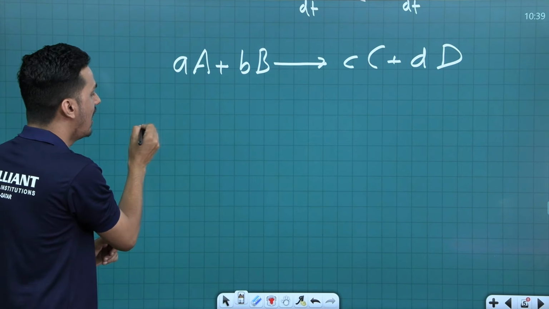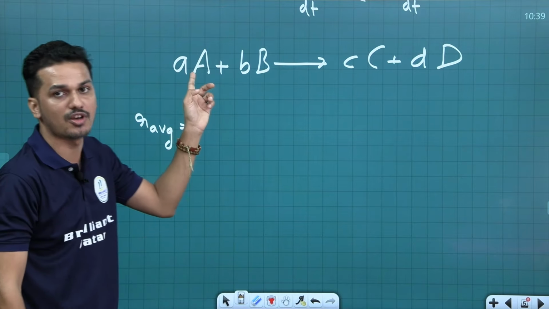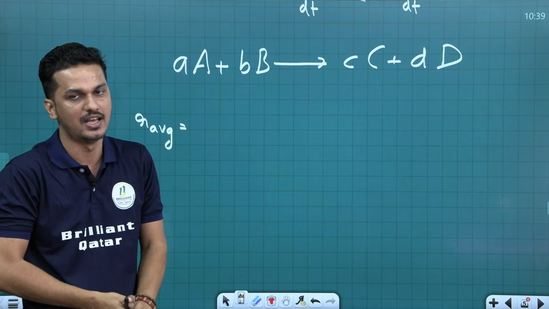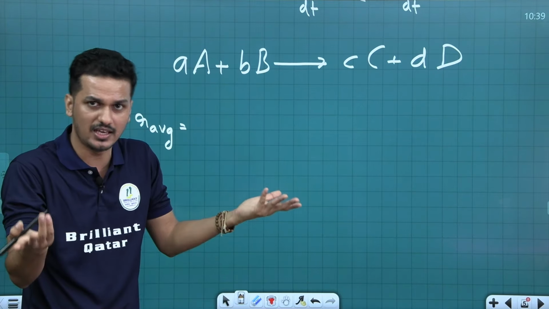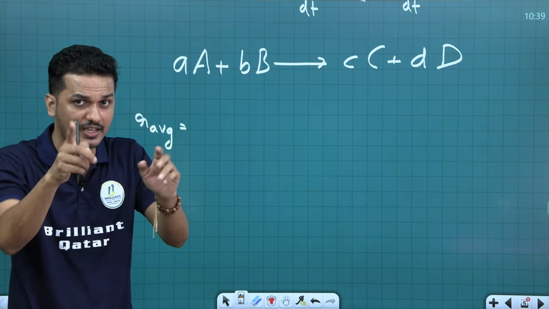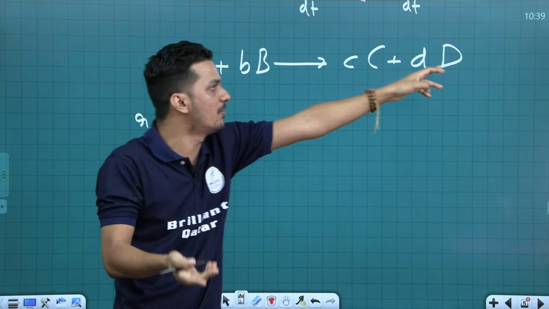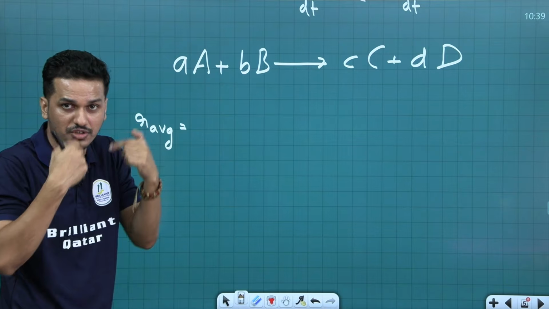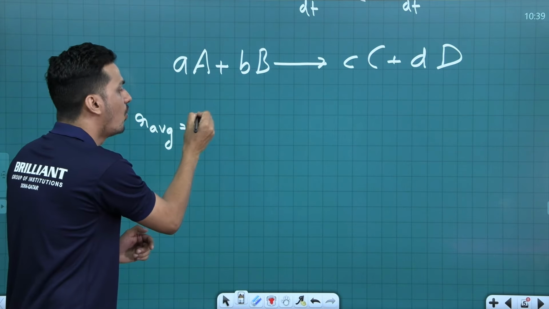So how can I write R average? I can tell R average either in terms of A, how much amount of A decreases in a particular interval of time, or how much amount of B decreases. Both should be equal in the case of rate. And how much amount of C increases? How much amount of D increases? If I am going to represent R average in terms of a reactant, we have to put one negative there.